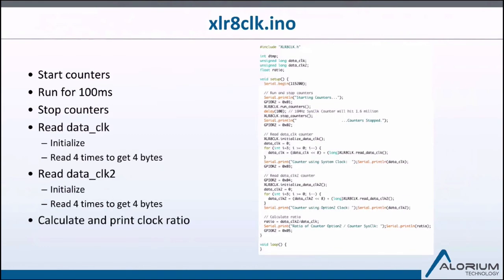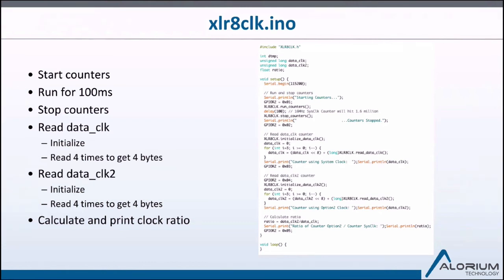And then to put it all together, we've got our accelerate_clock.ino sketch that goes through and exercises the two counters. First, we call run counters to start the counters. Then we run for 100 milliseconds to let the counters increment, and then we stop the counters.